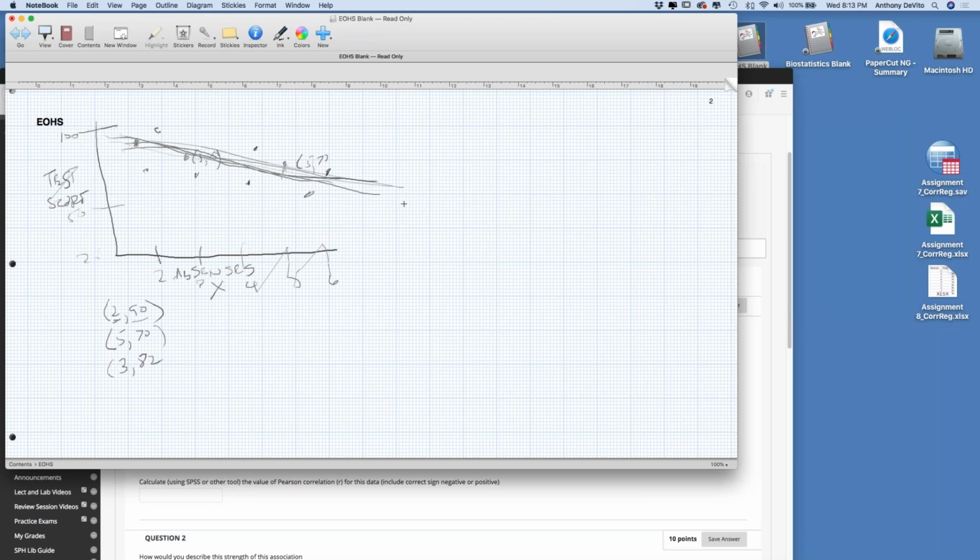Okay, so let's look at what kind of graphs we might get here. One graph may look something like this, and all of those points fall perfectly on a straight line. Another graph may look like this, all of those values again landing on a perfectly straight line.